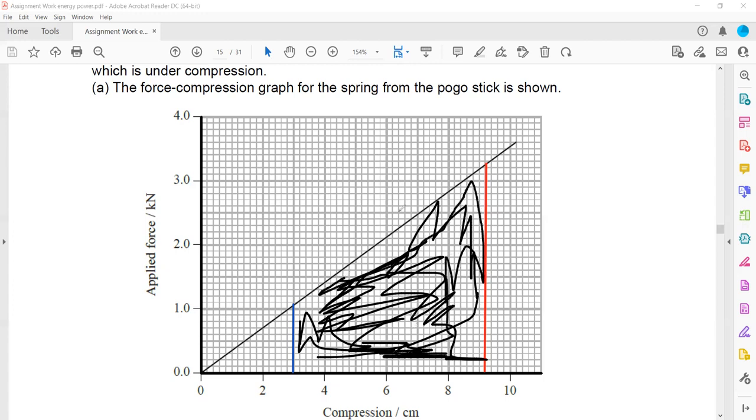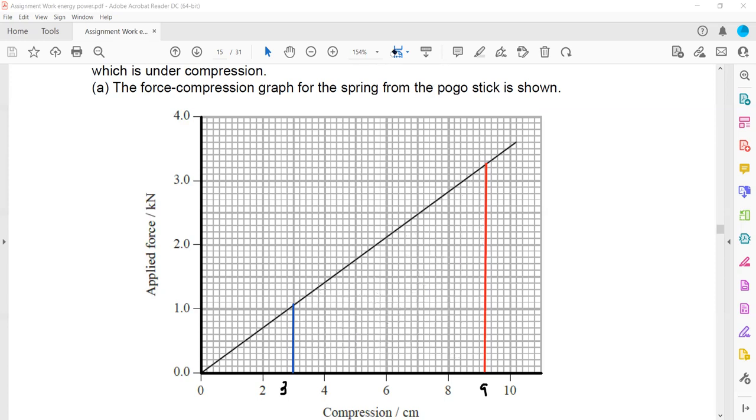So there are 2 ways. First, I will find the area of the total from 0 till 9, and then the area from 0 to 3. This is a triangle, half base into height, and I will subtract. That is one way. What is the second way? I can just find the area of this part, which is making a trapezium. So half the sum of the parallel sides into height. So it will be 1 by 2, sum of the parallel sides, into height.